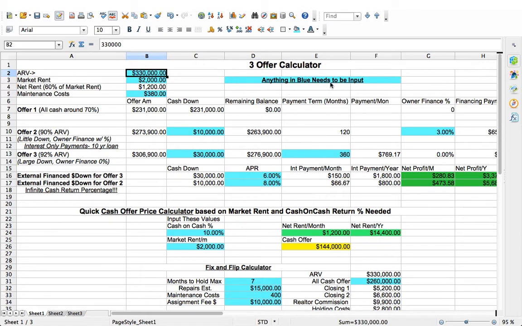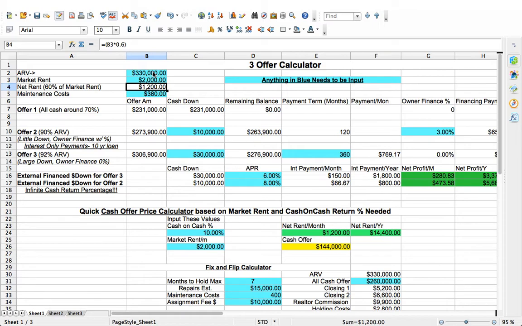So anything in blue, which I put here, needs to be input. So you take the ARV, which is say 330,000. The market rent about $2,000, and for net rent, I based that off of the 60% rule, that 40% of your rent charges will go towards maintenance costs or property management, things like that.